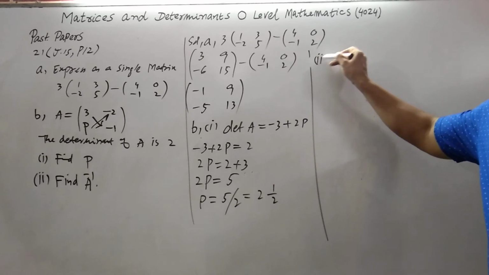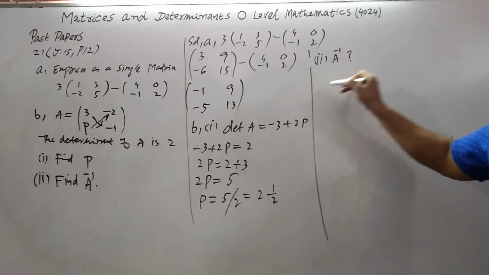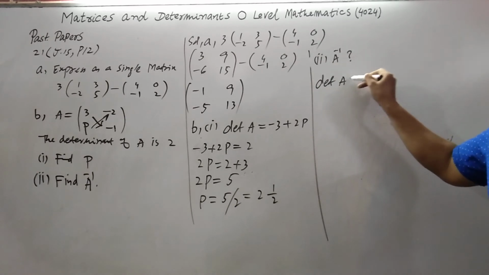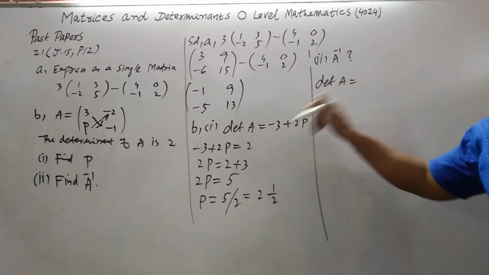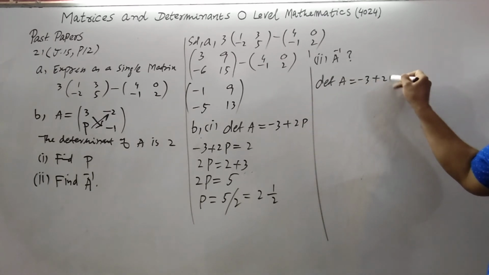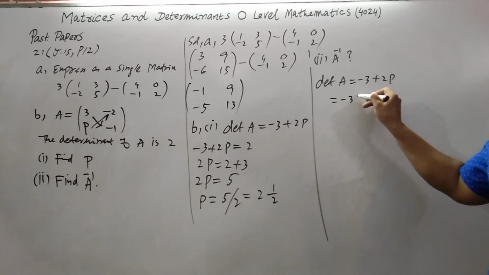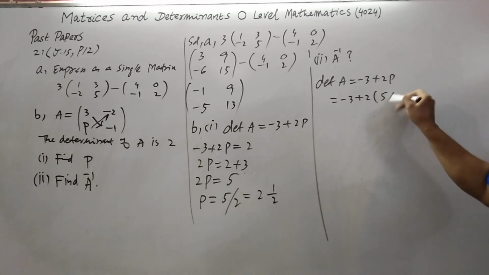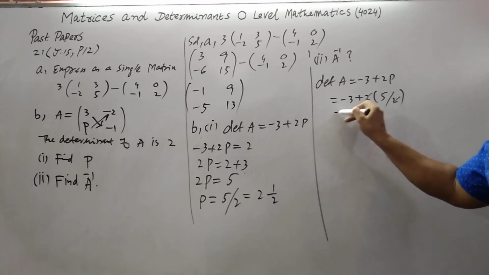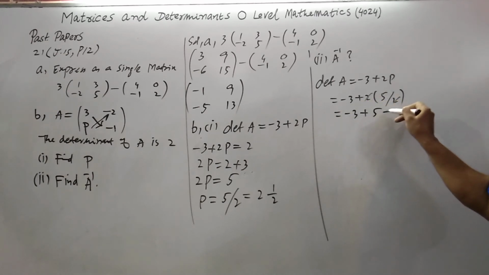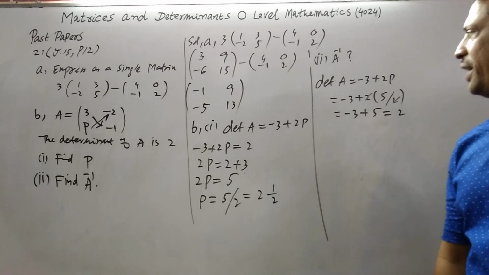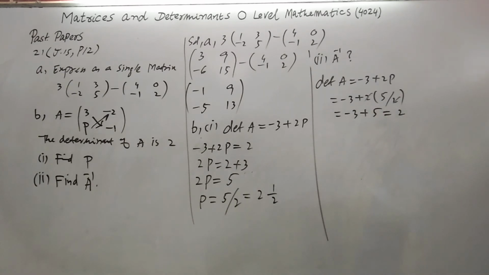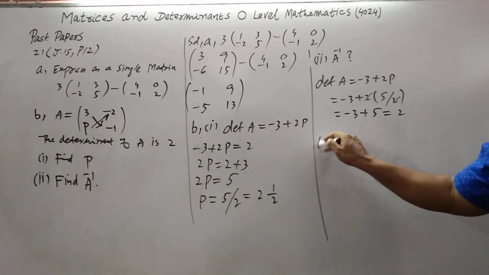Determinant of A is minus 3 plus 2P, minus 3 plus 2, and P is 5 over 2. 2 cancel by 2, minus 3 plus 5 is 2. Determinant of A is 2. And the second thing is A inverse.